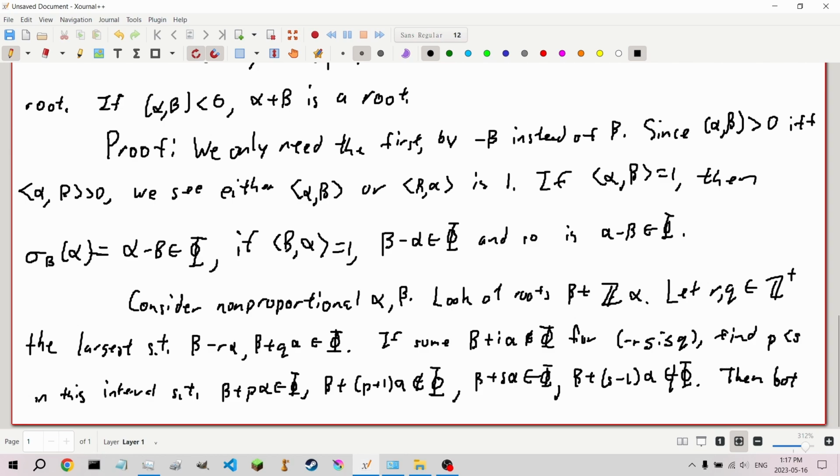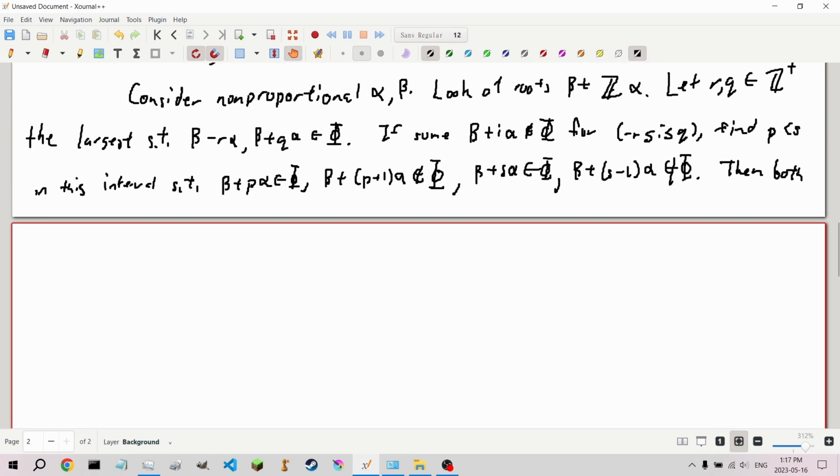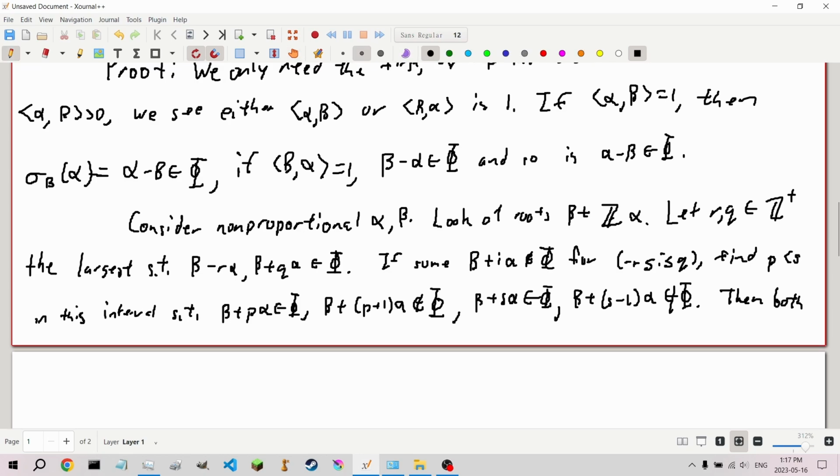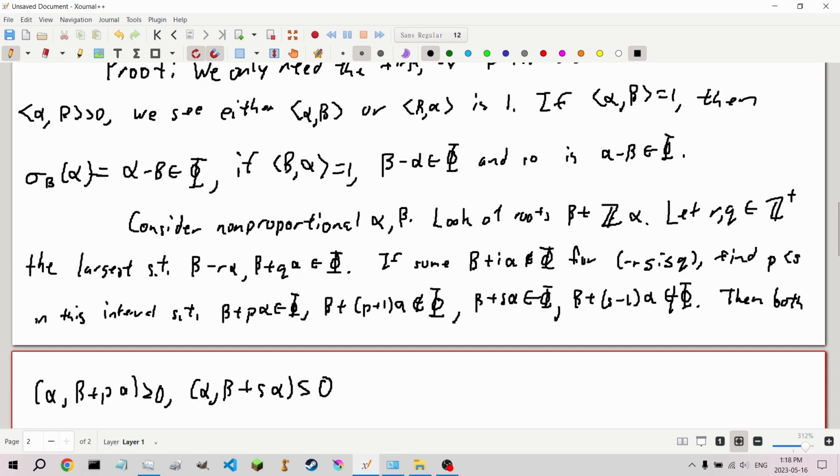Then we have both that the bracket of alpha with beta plus p alpha is non-negative, and the bracket of alpha with beta plus s alpha is non-positive, which is a contradiction, as p is assumed to be less than s, and the bracket of alpha with itself is 2.